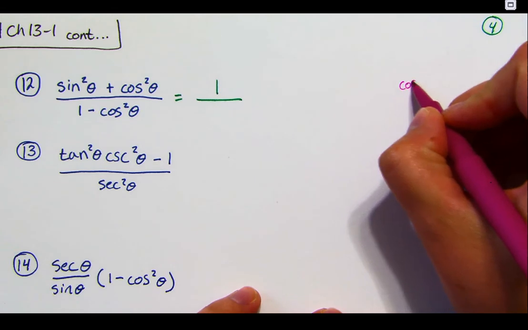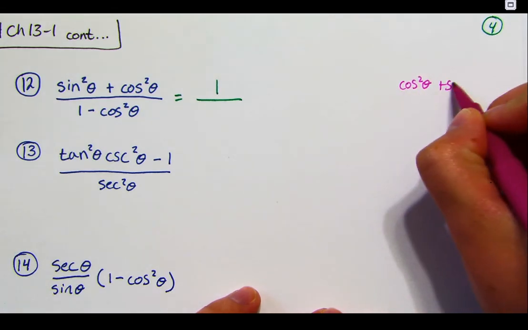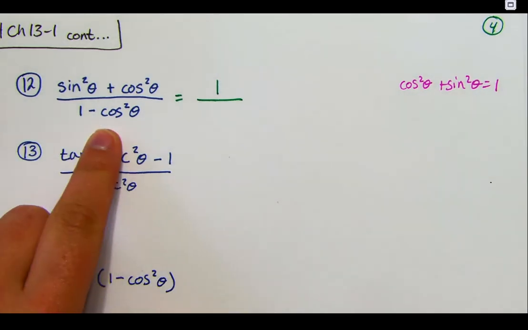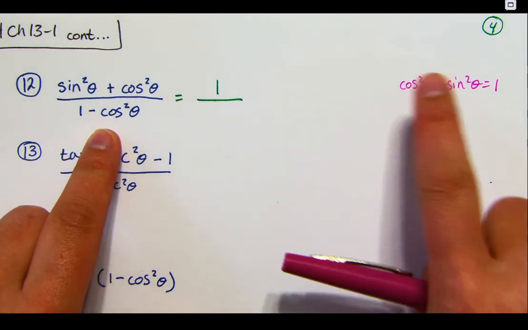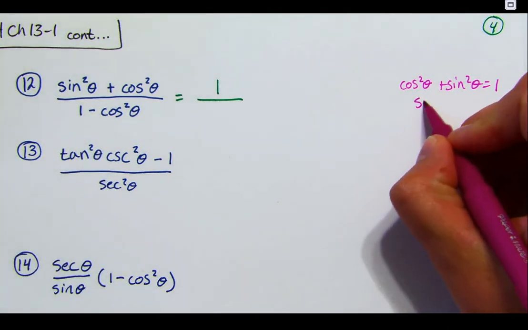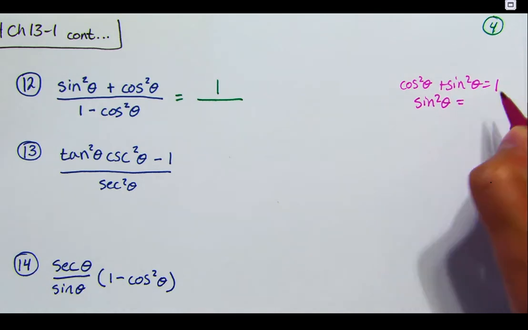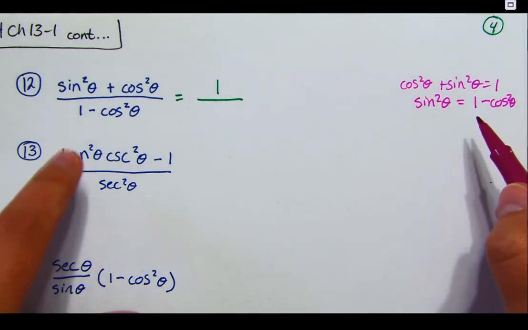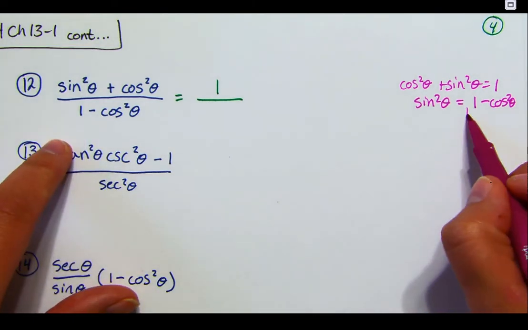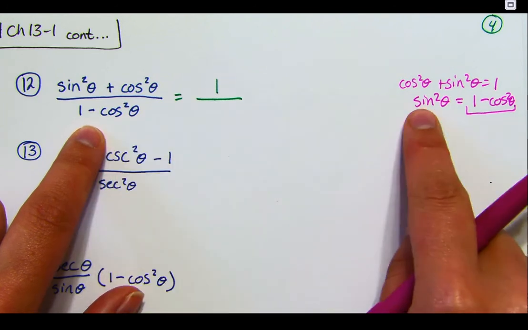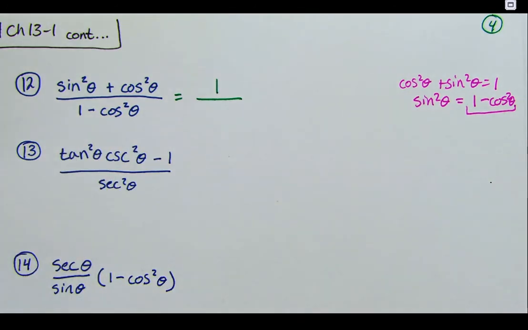If I have cosine squared theta plus sine squared theta equal to 1, and this is really close to this, except my cosine is with the 1, I can subtract that over to get sine squared theta equals 1 minus cosine squared theta. So I'm going to replace this 1 minus cosine squared theta, which is here, with what it's equal to, sine squared theta.